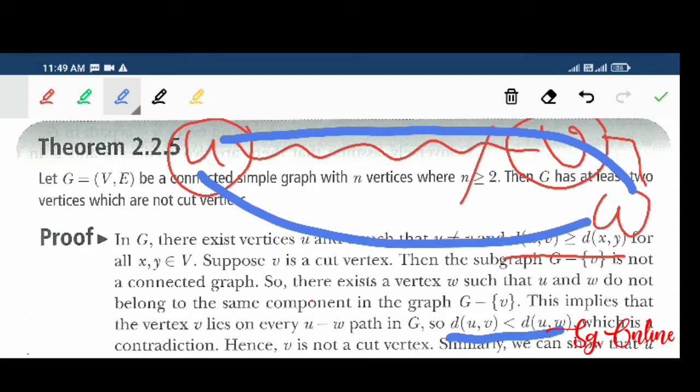If there were a path avoiding V, then the graph would not be disconnected.